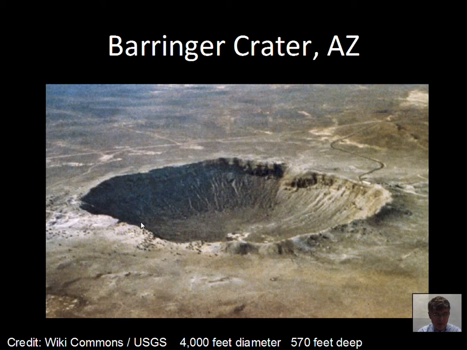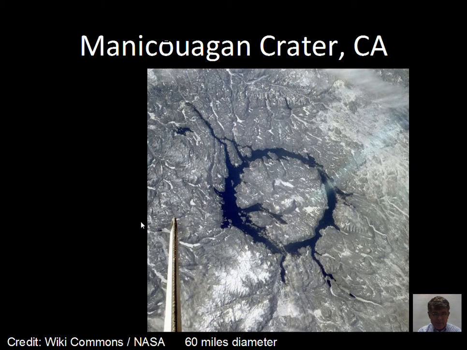So we have the near-Earth objects. We're trying to keep track of them to try to prepare and try to deflect. And some other examples of these large craters. There are a few hundred of these large craters around the world. We have about 60 miles in diameter here, for this crater in Canada.